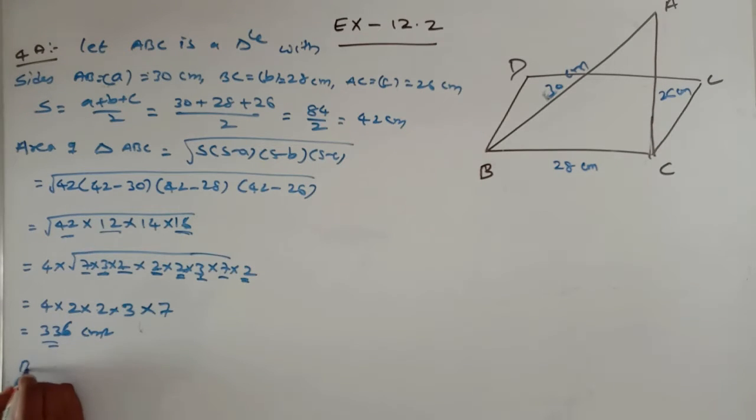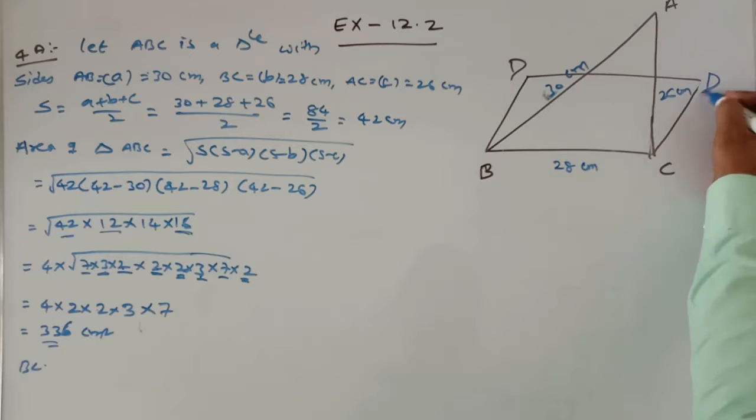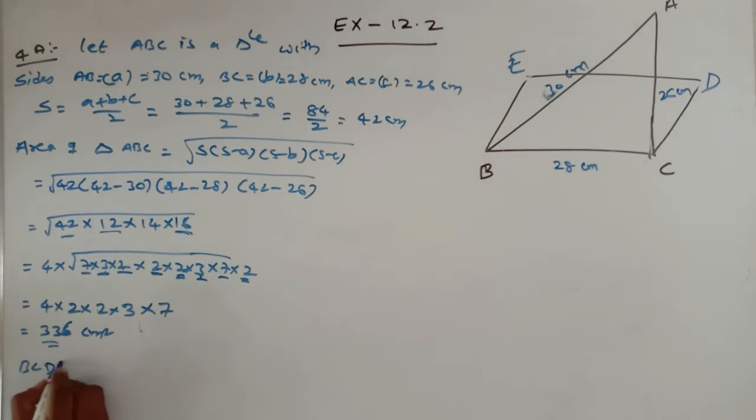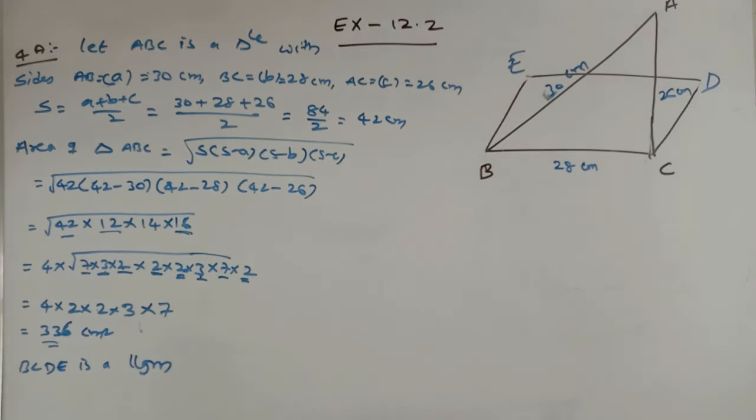Now BCDE is a parallelogram. In a parallelogram, opposite sides are equal, and it is clearly given that the area of the triangle and the area of the parallelogram are equal. Now I am taking the base of the parallelogram as 28 centimeters.